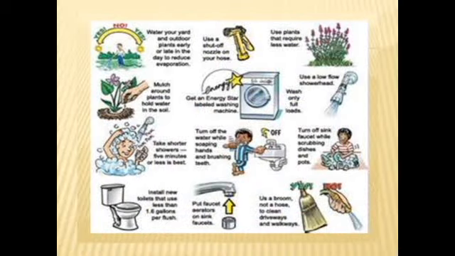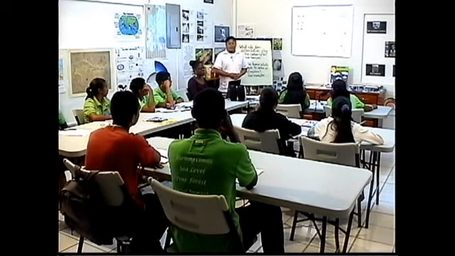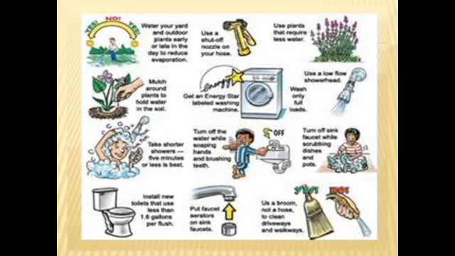So in other words, that's one way of conserving water. Going straight across, we have use a hose nozzle. If you don't have a nozzle and you put on the water and you move on, the water is being wasted. If you have a nozzle, then automatically it saves us the water.